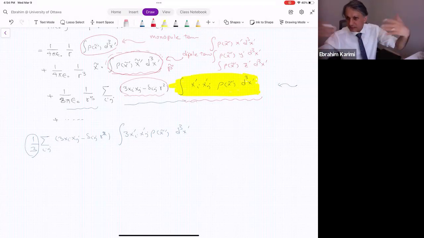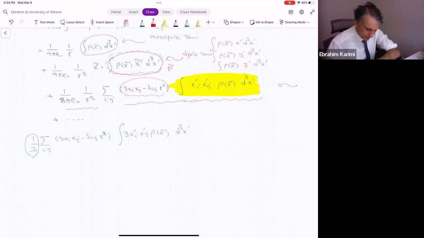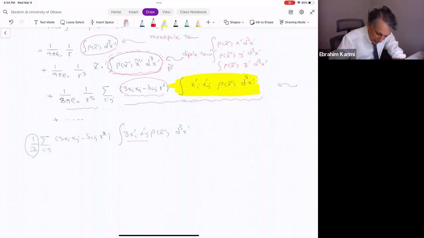So I want to make it symmetric in this fashion. So the 3 appears here, so it's very similar to that one. What I need to do, I need to add an r prime squared delta_ij.